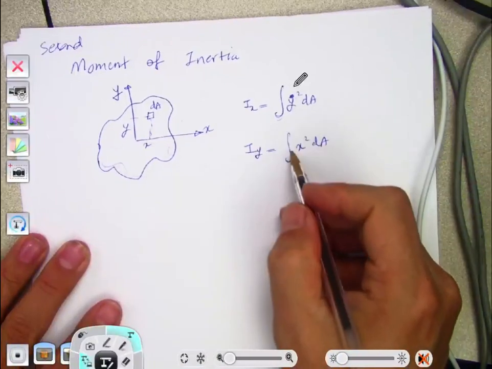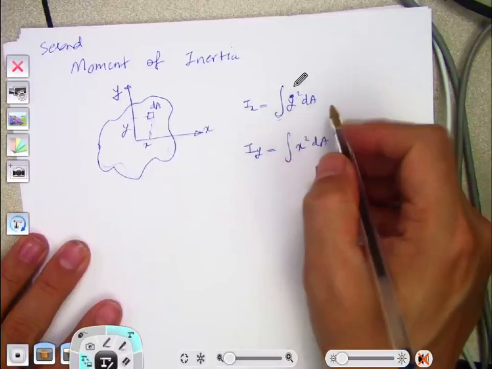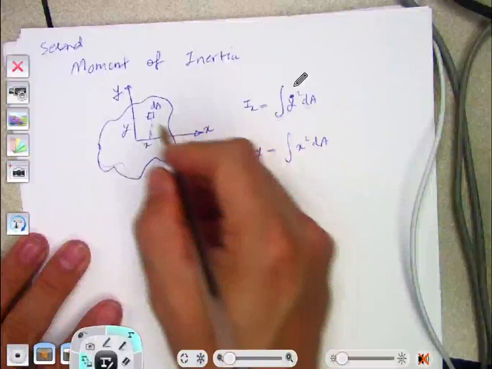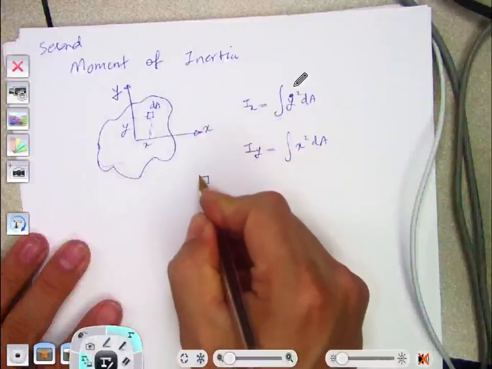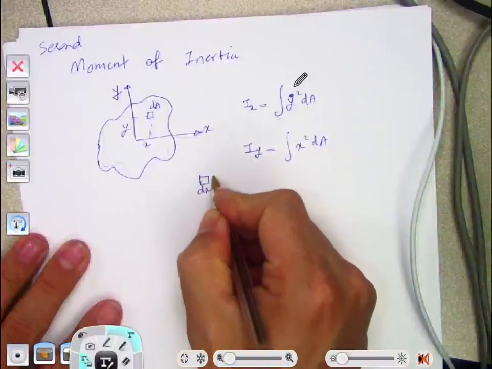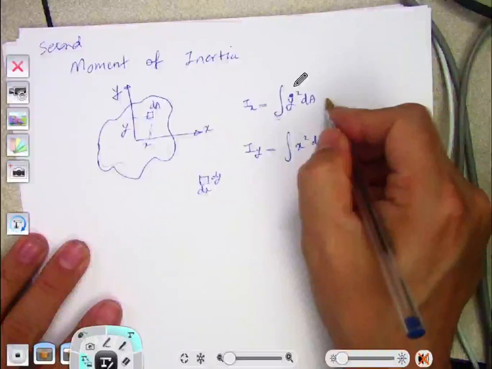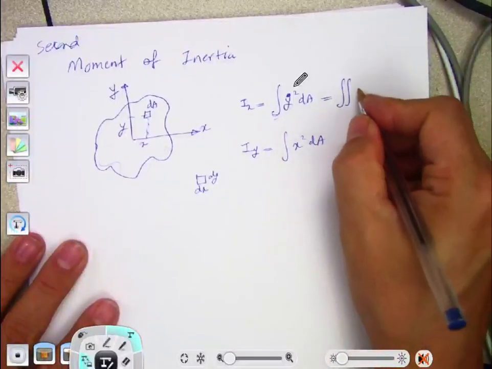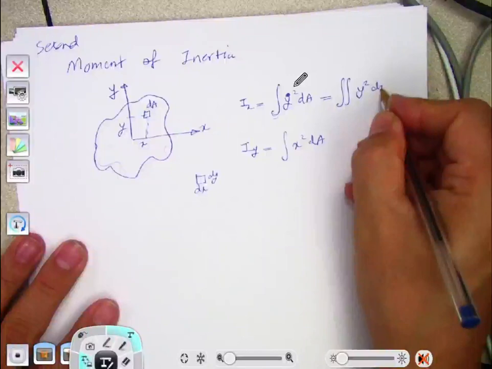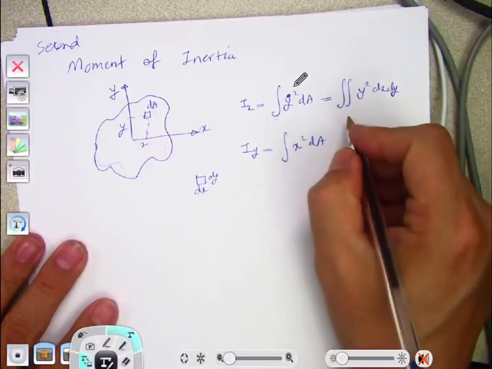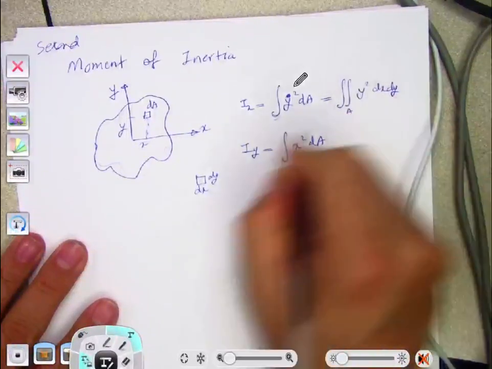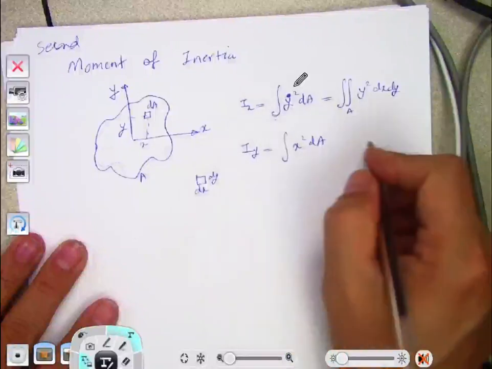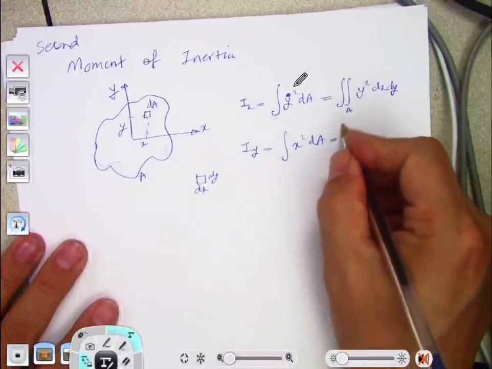This is a double integral you need to evaluate. In a Cartesian coordinate system, dA is dx dy, so you can write this integral as a double integral of y squared dx dy for that region A, and the same thing here.